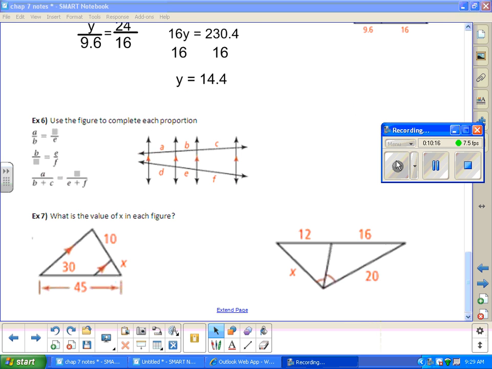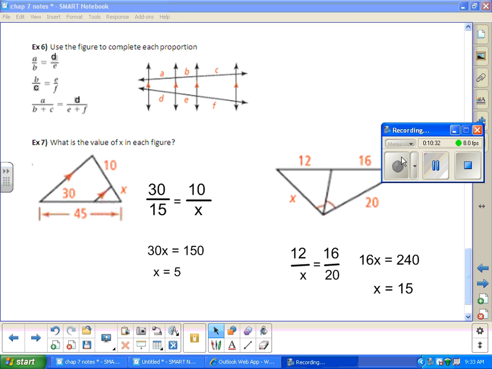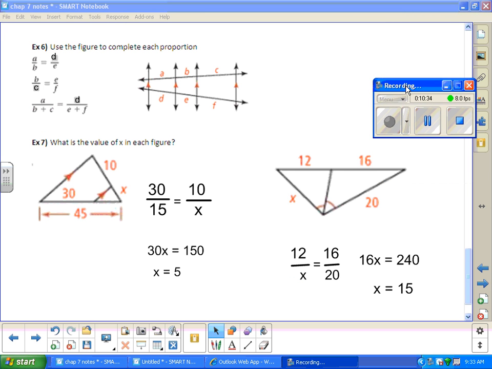Go ahead now and do examples 6 and 7 if you had skipped those because you weren't sure how to do them. And pause the video, and then when everybody's ready, go ahead and watch it again because I'll have gone over them.